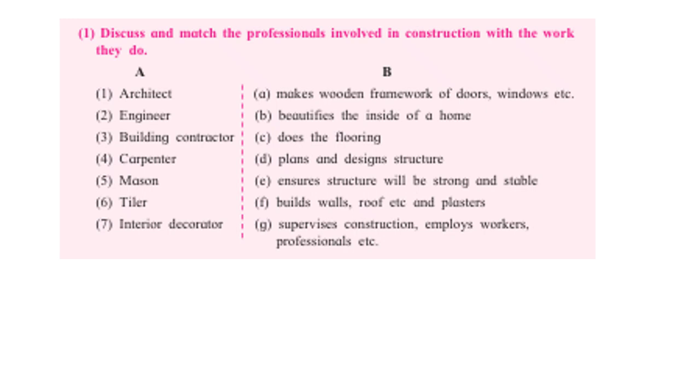1. Discuss and match the professionals involved in construction with the work they do. 1. Architect: plans and designs structure. 2. Engineer: ensures structure will be strong and stable. 3.